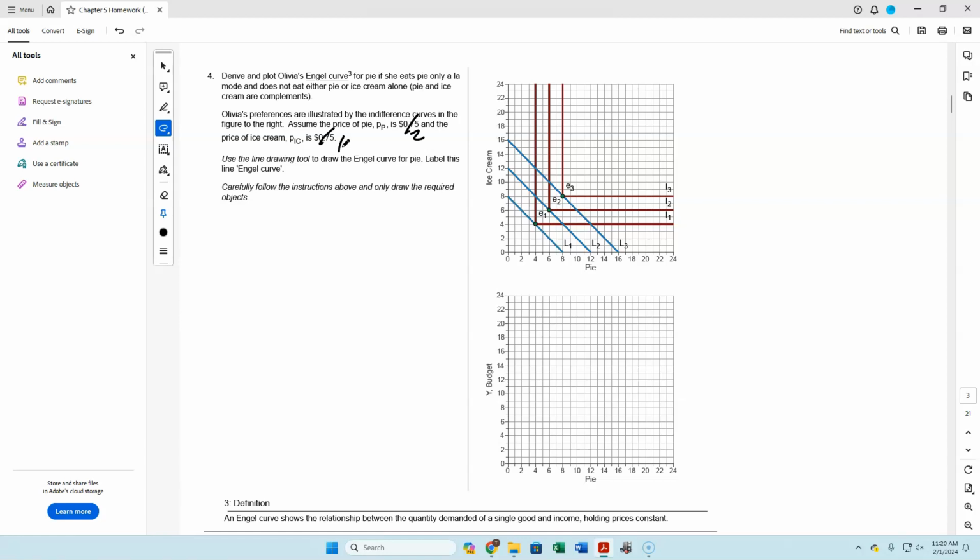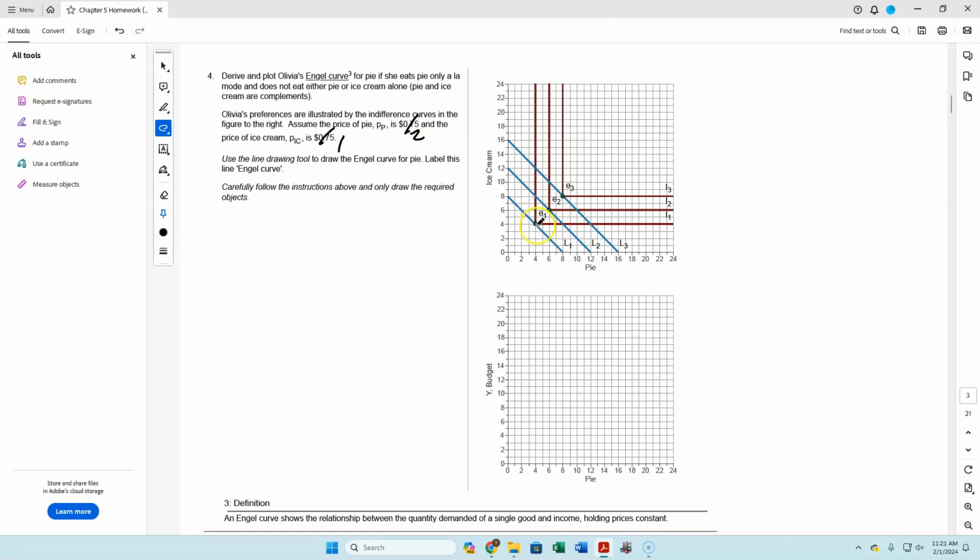So what we're going to do is hold the prices constant, but allow our income levels to change. So these prices will stay the same.